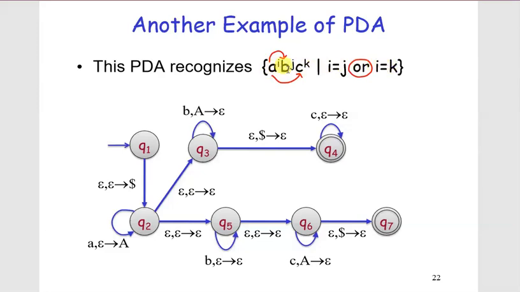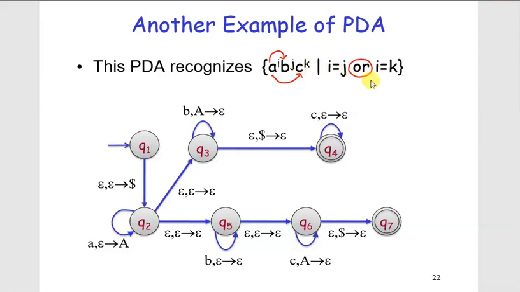So a power of i, c power of k. So in this case there are two situations: first, the number of A must be equal to the number of B, or the number of A must be equal to the number of C.